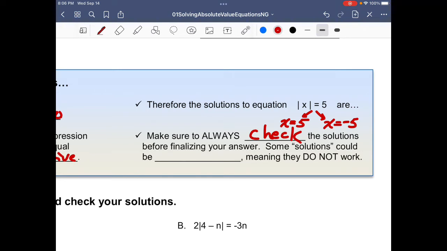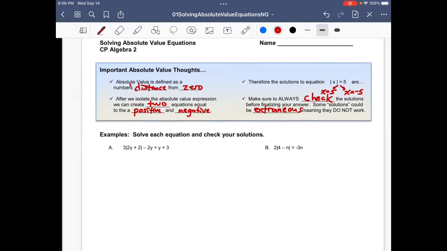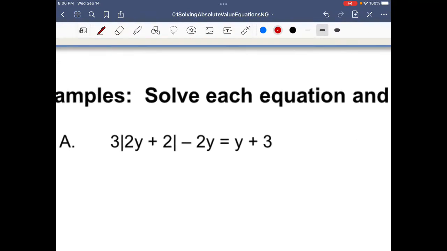It could turn out that they might not actually be solutions. They might be what's called extraneous. Extraneous is just a fancy word for an extra answer that's really not an answer; it does not work.